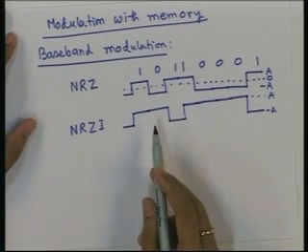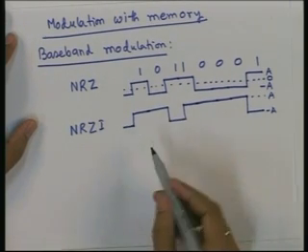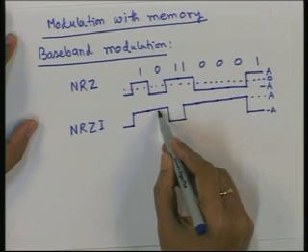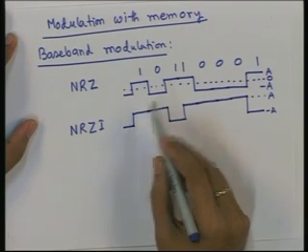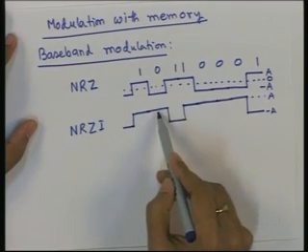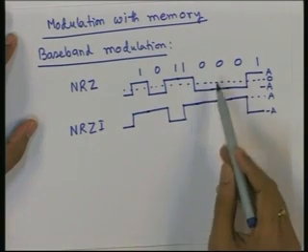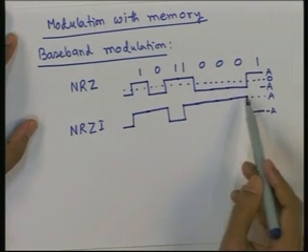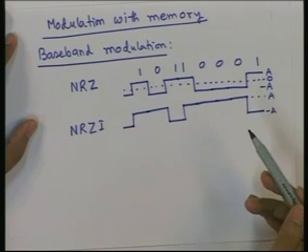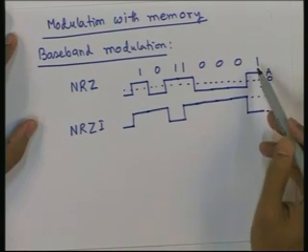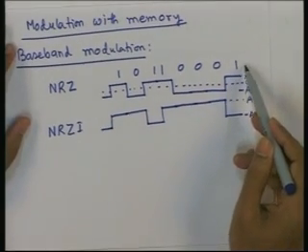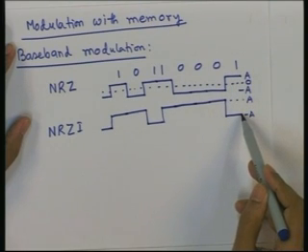So, this scheme now has some memory, because what we are transmitting here depends on what we transmitted before. For the same bit 0, here we transmit 1, here we transmit 1, 1, but at some other time we will be transmitting 0. For example, if a 0 came after this, we will not change the level.